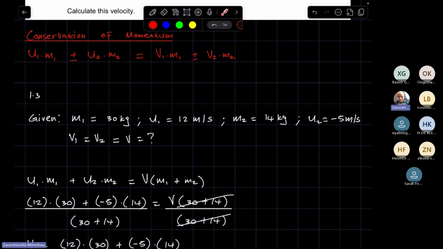Hence, as far as having to allocate which one is negative, it can only be the velocity, because it's only the velocity where we consider direction as well. So yes, you only allocate the negative to the velocity, not the mass. Okay, all good.